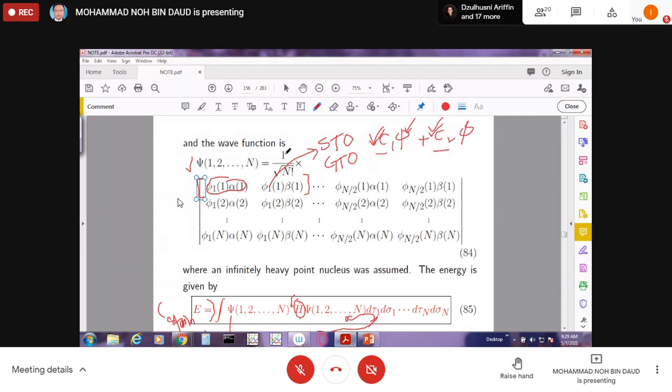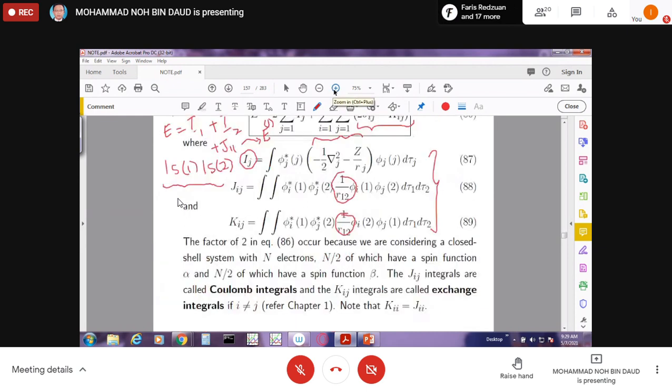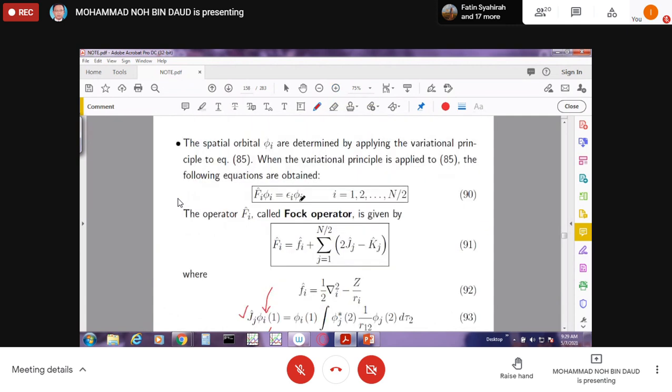And then from here you can get the best values for the coefficients from this differential equation, these Fock equations.